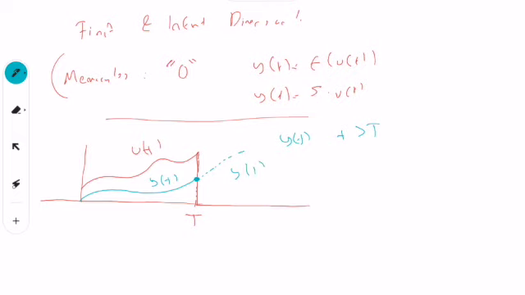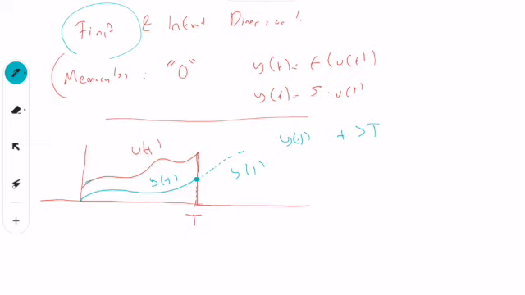If you need to compute y of t with a finite amount of information, then your system is finite dimensional. But if you need an infinite amount of knowledge, then your system is infinite dimensional. For example, if you need to know all of the inputs, because time is continuous, so if you need to know all of the values here to compute the output, it is infinite dimensional.